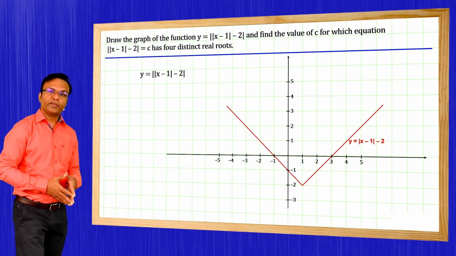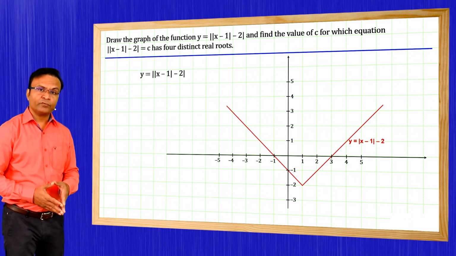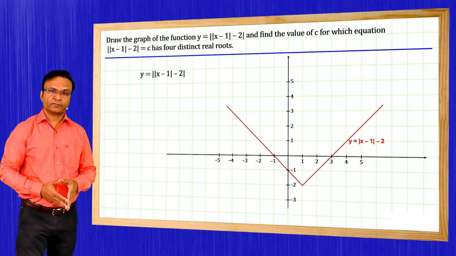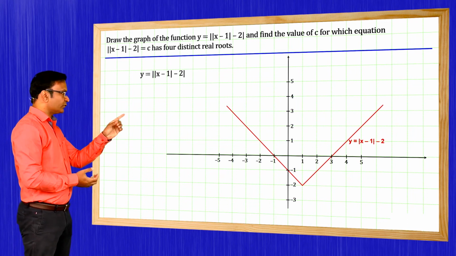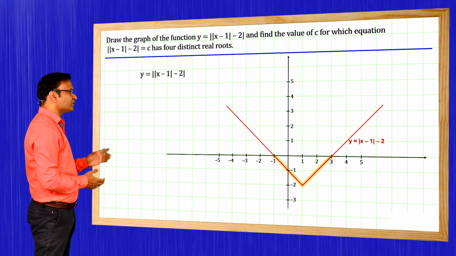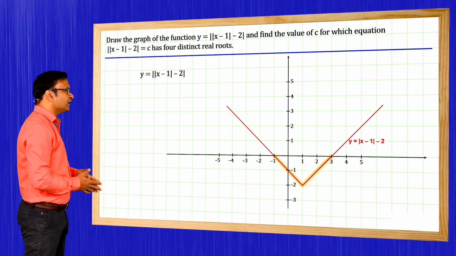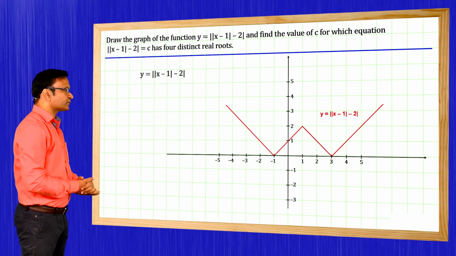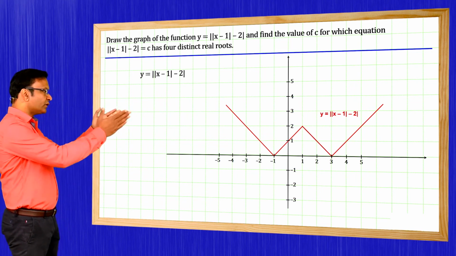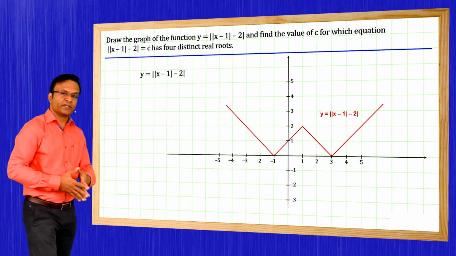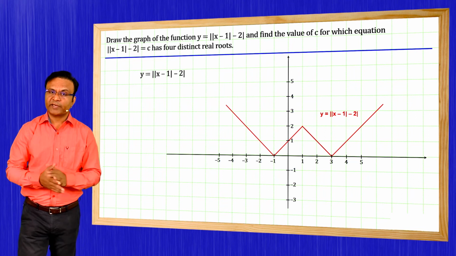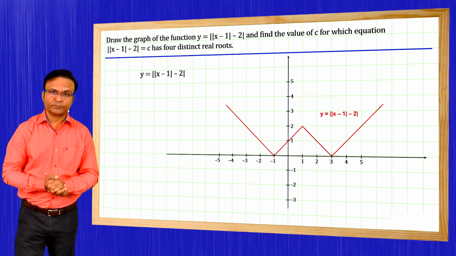Okay, now we have to get the graph of modulus of this function. And it's simple. You look at this part of the graph which is lying below x-axis, flip this part of the graph over x-axis. So here is the graph of function y is equal to mod of mod x minus 1 minus 2.